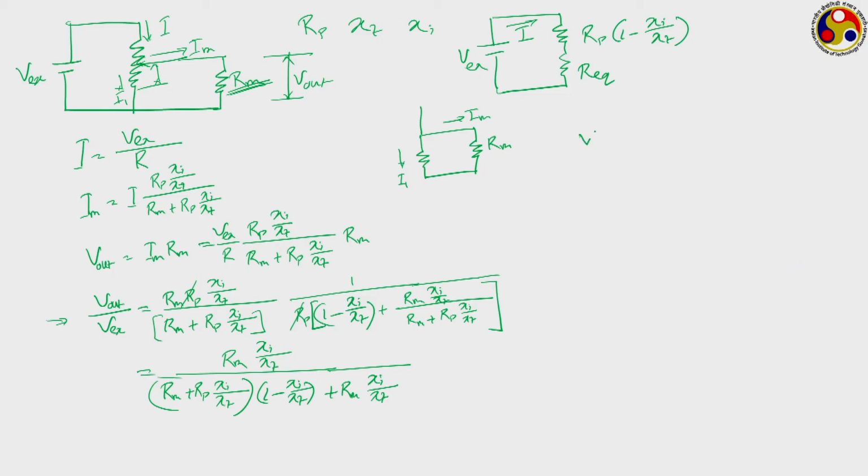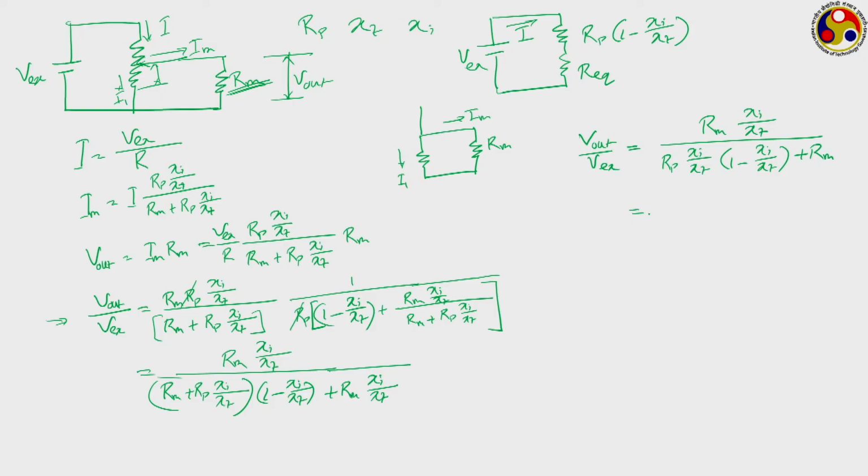So, how we can simplify this? Rm Xi minus Xt cancel out, and in the numerator we are still having the same quantity Rm into Xi upon Xt, and in the denominator we have Rp into Xi upon Xt into 1 minus Xi upon Xt plus Rm.